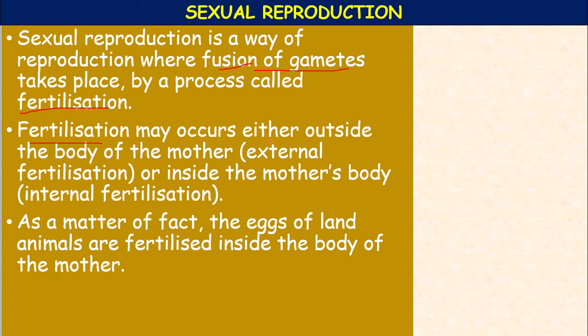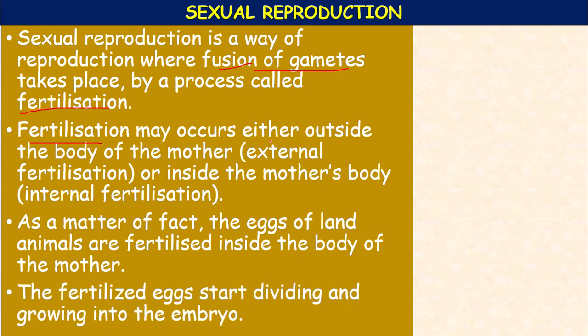Okay, as a matter of fact, the eggs of land animals are fertilized inside the body of the mother. That is internal fertilization. The fertilized eggs start dividing and growing into the embryo.